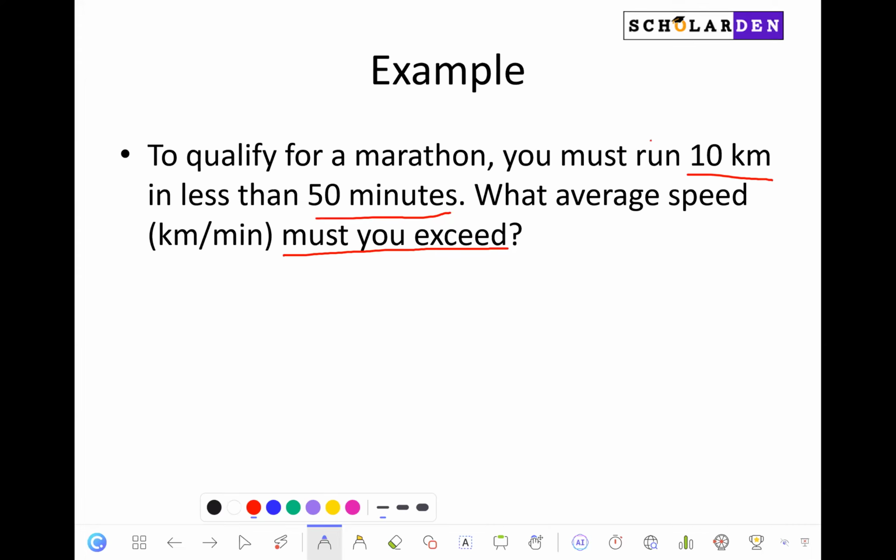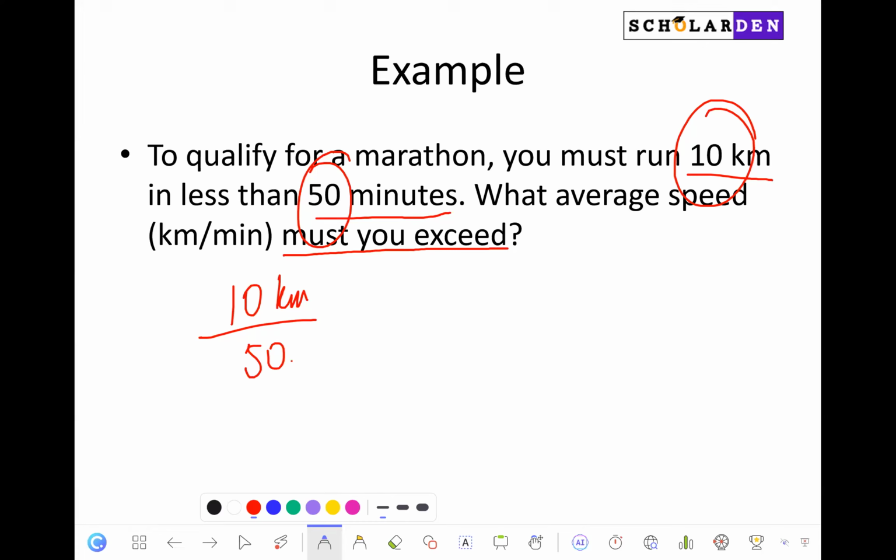So you can maybe cover 10 kilometers in, say, 40 minutes, right? But what would be the minimum speed, dropping below which you will not be able to cover 10 kilometers in 50 minutes? So first of all, you're supposed to cover 10 kilometers in 50 minutes.